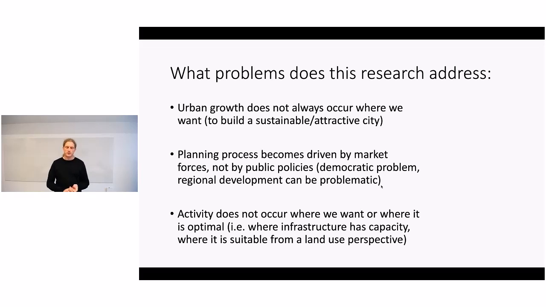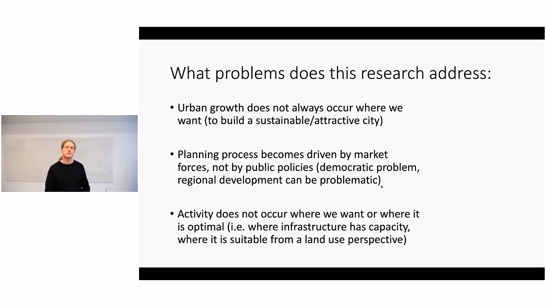So, urban growth doesn't always occur where we want it to occur, to build a sustainable and attractive city. As planners, we would like to make good plans that work in the long term. But urban growth runs a little bit on its own, because the planning process sometimes becomes driven by market forces.